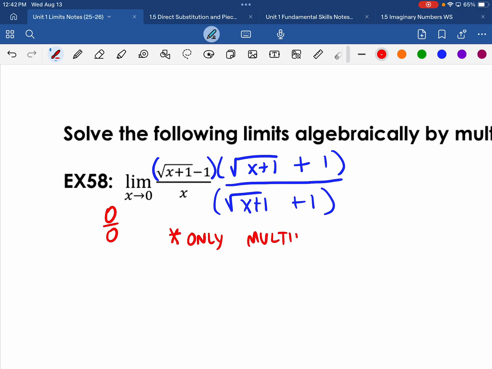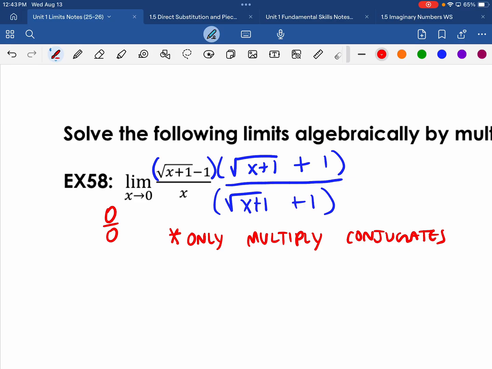Make a note to yourself that you are only multiplying the conjugates. You do not multiply the other, like in this case, the bottom. We're not going to multiply the bottom out. You just multiply out the conjugate.